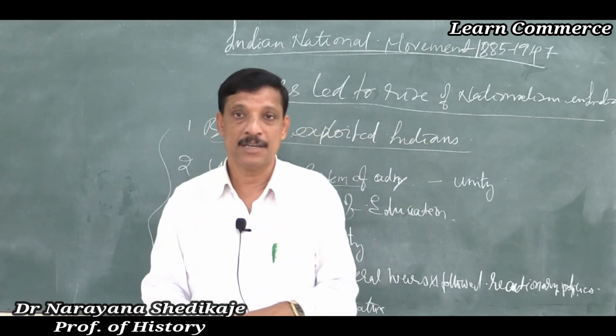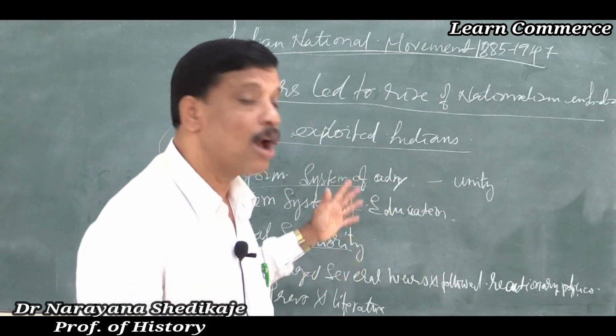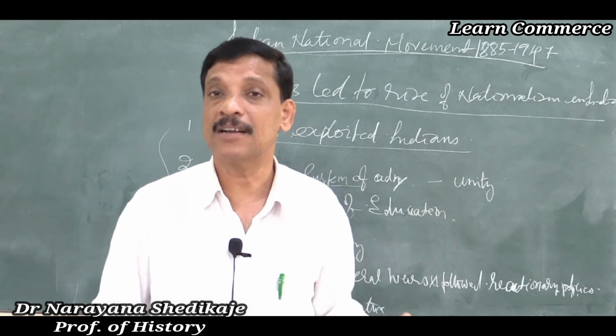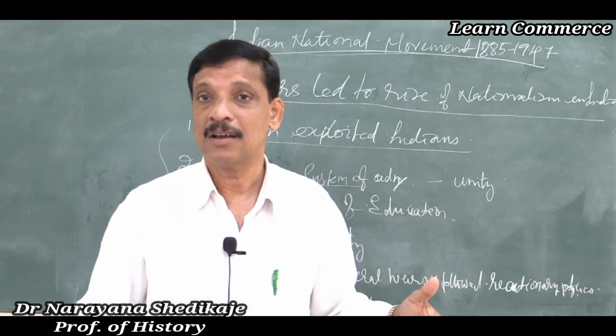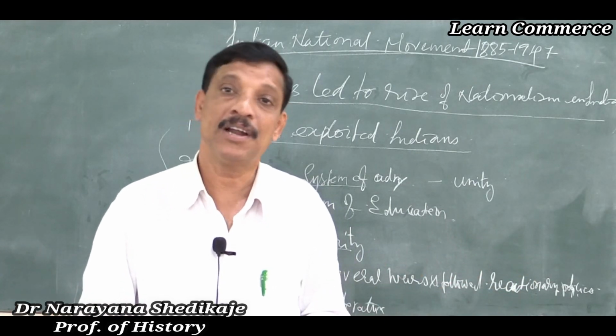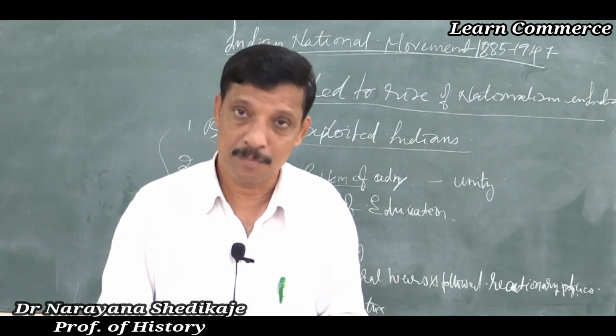It is very important to note that without these things, it would not have been possible to fight against the British. This was the spirit which influenced the Indians and created a stage for fighting against the British.